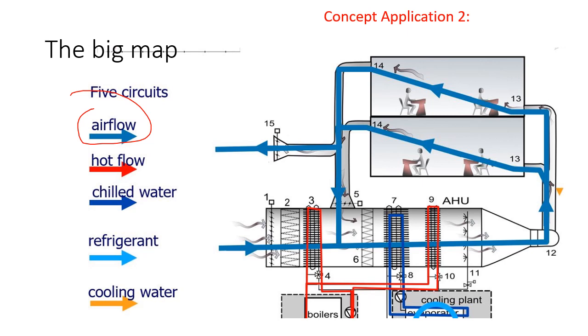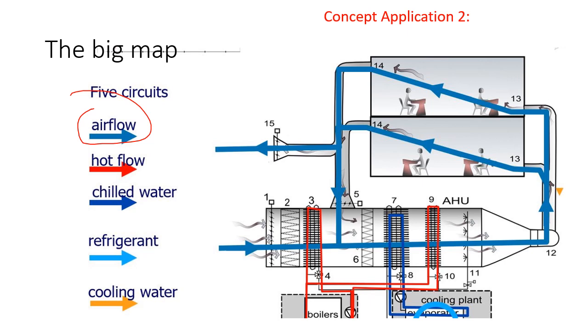Then it goes over here, where there's a reheater. Sometimes we switch it on even in summer, but in winter definitely this is on. Then the air goes to another device which sprays vapor. This is a humidifier. Then, driven by the fan, it goes through the ductwork into the room.